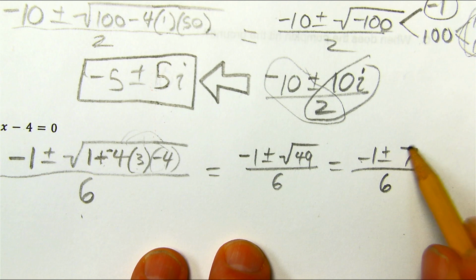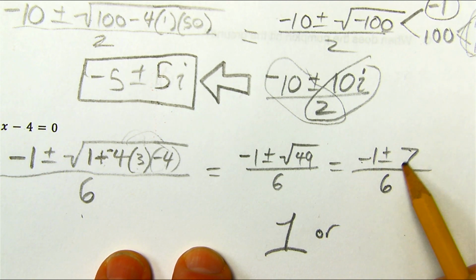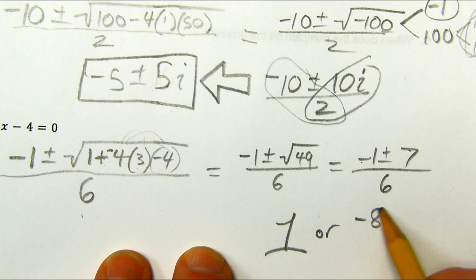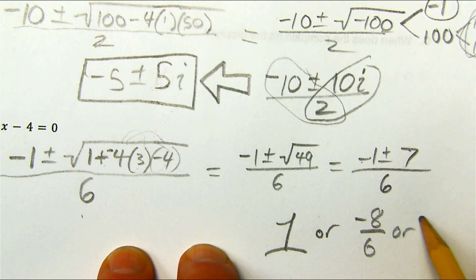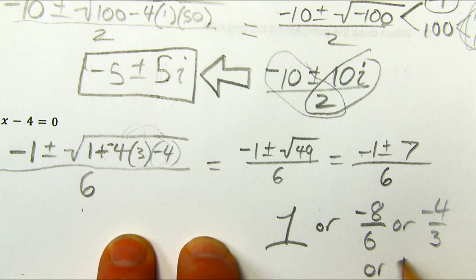Negative 1 plus 7, 6 divided by 6 is 1. Negative 1 minus 7 is negative 8 sixths, or negative 4 thirds, or negative 1 and 1/3.